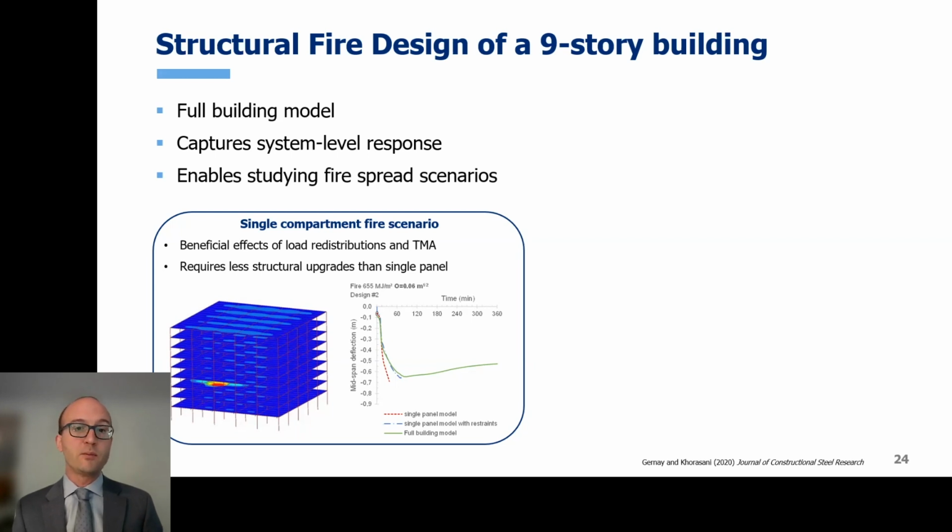There are different panels, different compartments, so when there is fire in one compartment, the deflections of the heated floor, for example, are also restrained at the boundaries by adjacent panels. So we are able to refine the design further and find an even more efficient solution, but still taking advantage of tensile membrane action. So with no insulation, no fire protection on the central steel beams.